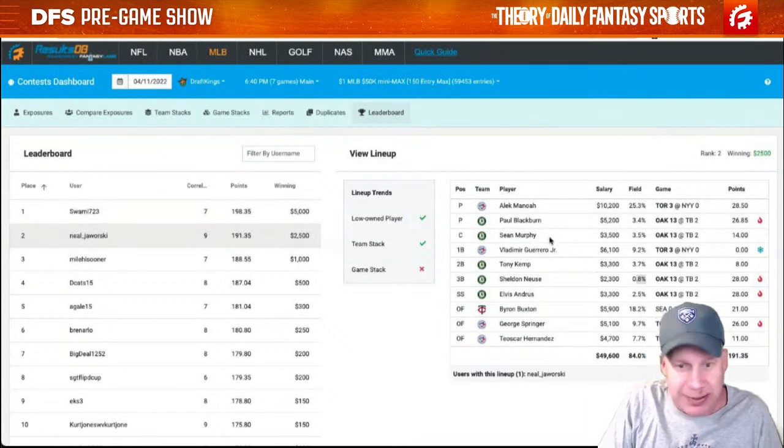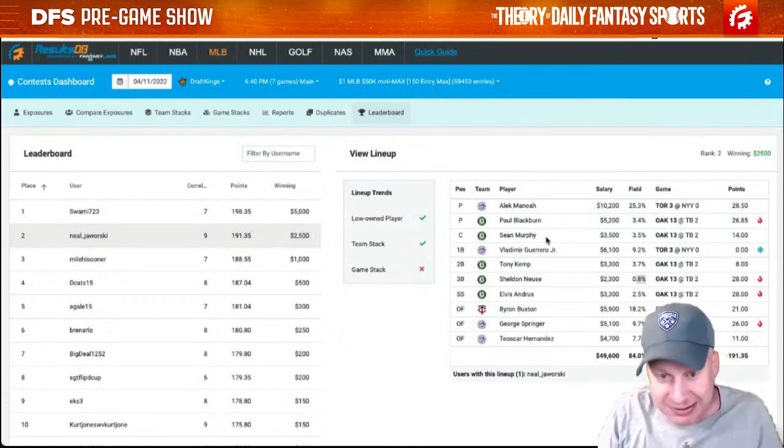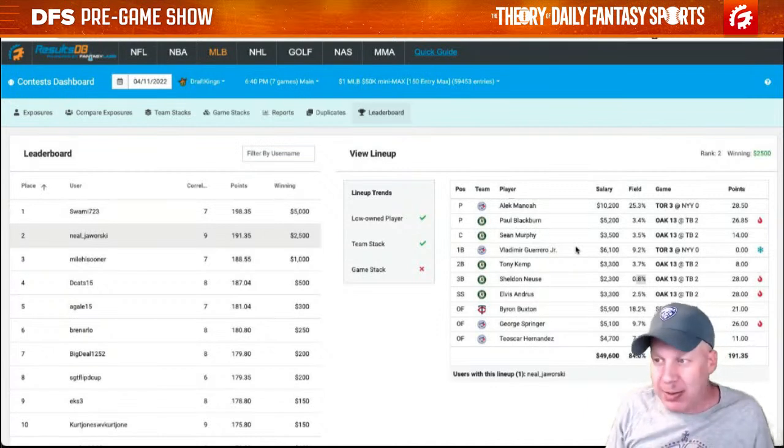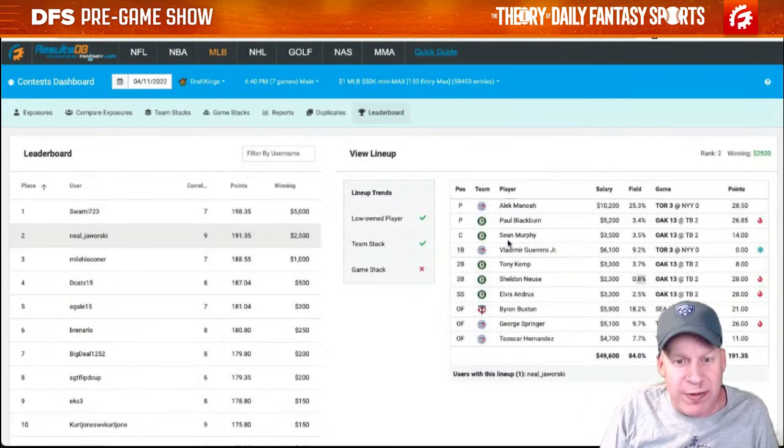I'm using Neil's lineup as just an example. It's not that you've got to play his lineup, but the way that you should be thinking about MLB DFS is a kind of jigsaw puzzle of three or four different parts. So what are the four parts? One is the pitchers.